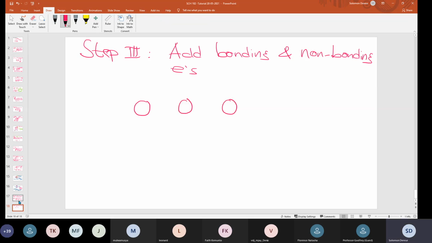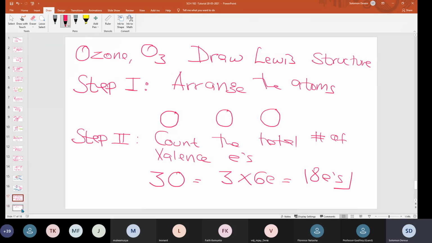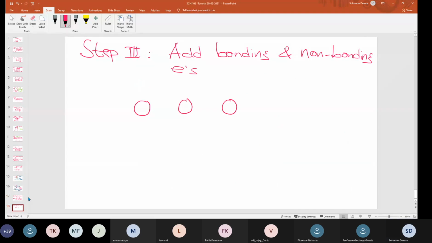We've also determined the total number of valence electrons are 18, which we have determined from step 2. And this we have determined from step 1, how they are arranged, okay? So now we have 18 electrons.